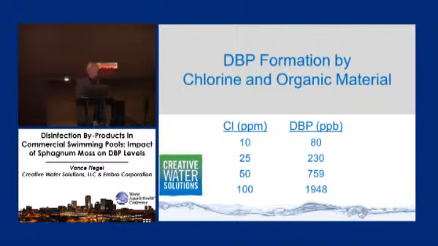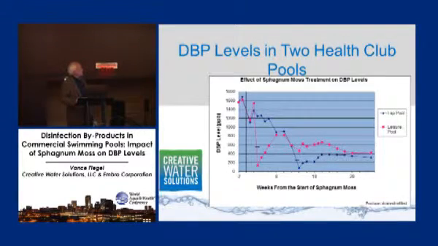So I think some of you have seen this. This is a study we did almost, I think, 3 years ago now. It was done at a health club in the Minneapolis-St. Paul area that had 2 swimming pools right next to each other. They're in the same natatorium, and they literally are right next to each other. One was a lap pool, one was a leisure pool.